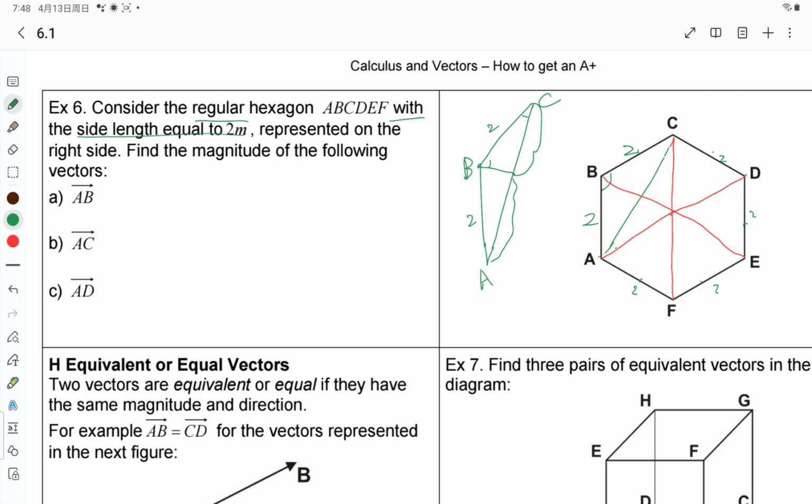The length of the diagonal should be the same. So what does it further imply? This would further imply that these angles are the same, okay, right? Because it's a regular hexagon, so this would be 60 degrees.